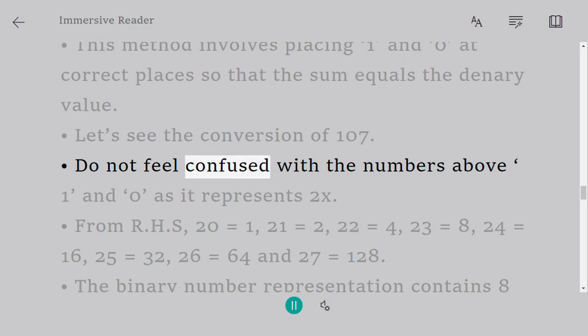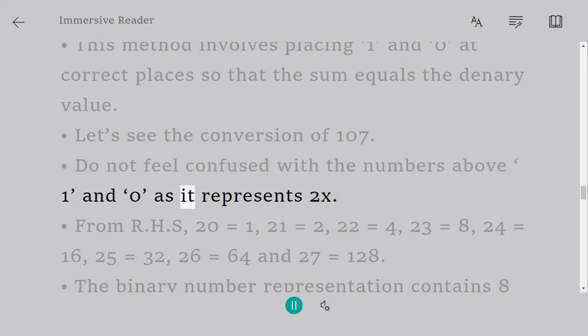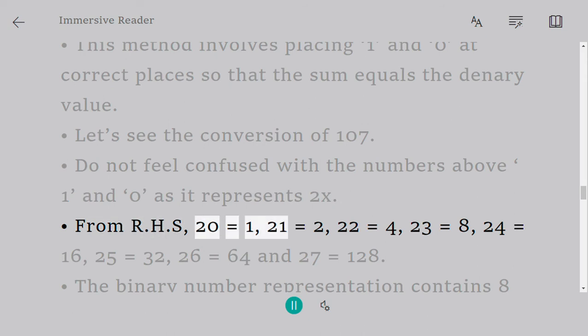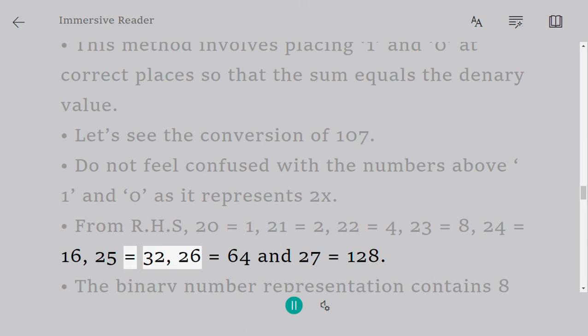Do not feel confused with the numbers above 1 and 0, as they represent 2^x. From our RHS, 2^0 is equal to 1, 2^1 is equal to 2, 2^2 is equal to 4, 2^3 is equal to 8, 2^4 is equal to 16, 2^5 is equal to 32, 2^6 is equal to 64 and 2^7 is equal to 128.